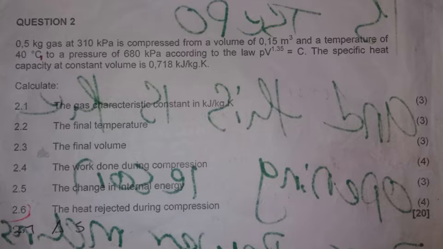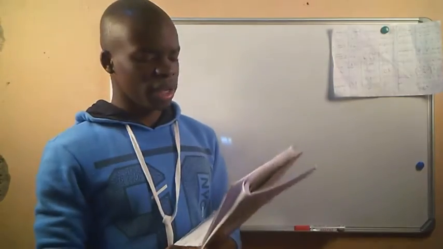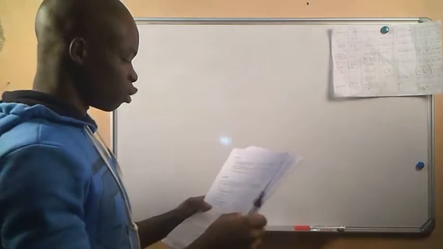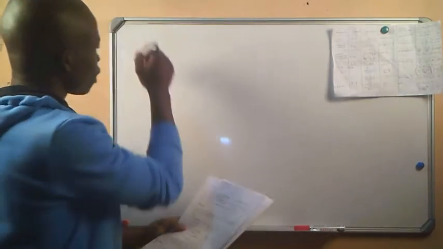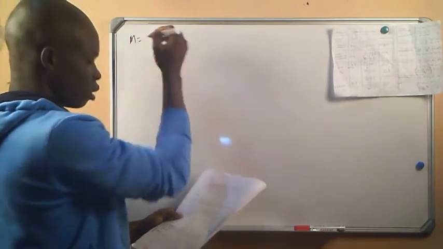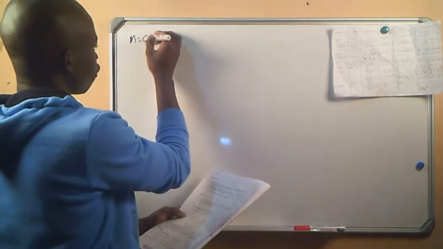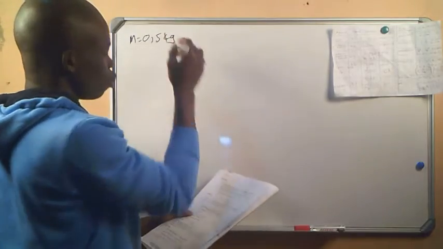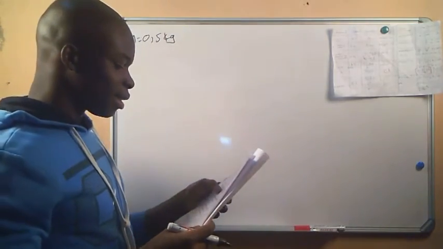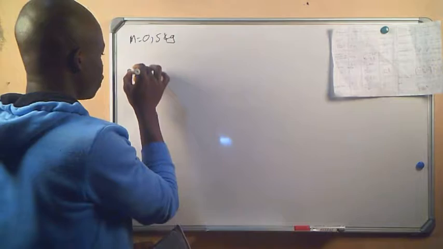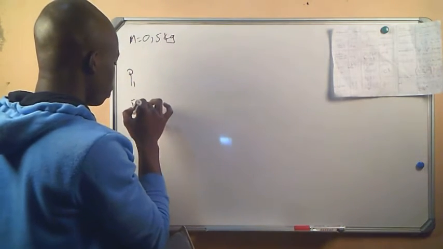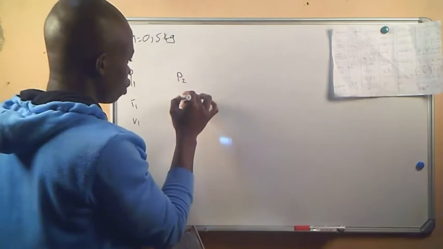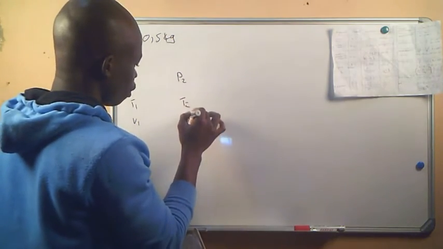Let's first make sure we have everything we need from this statement written in the simplest way possible. So they said our mass is 0.5 kg of gas. First let's write P1, T1, V1, then we have P2, T2, V2.